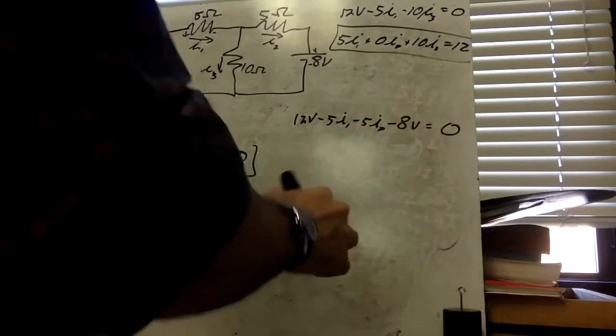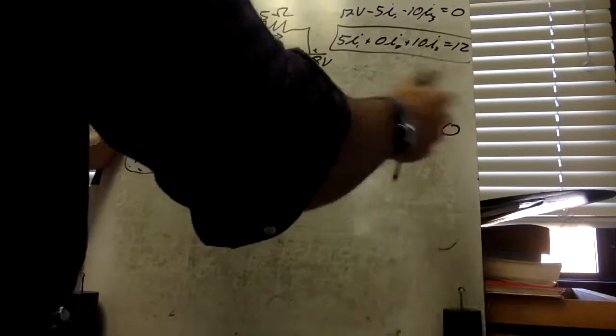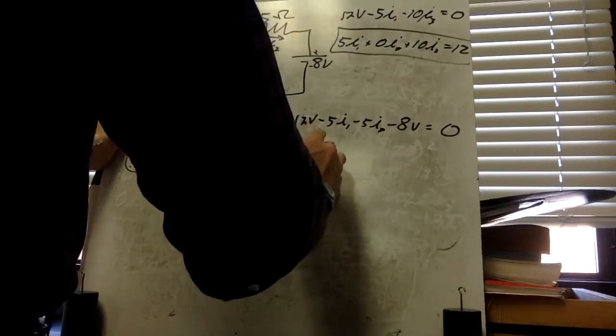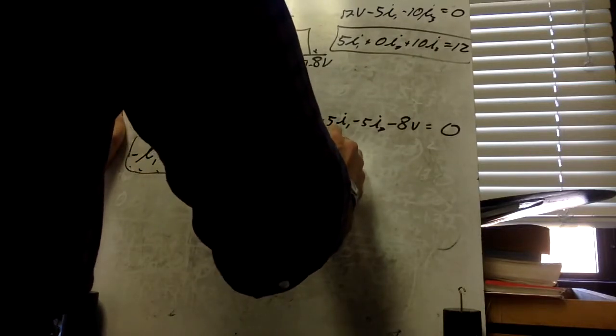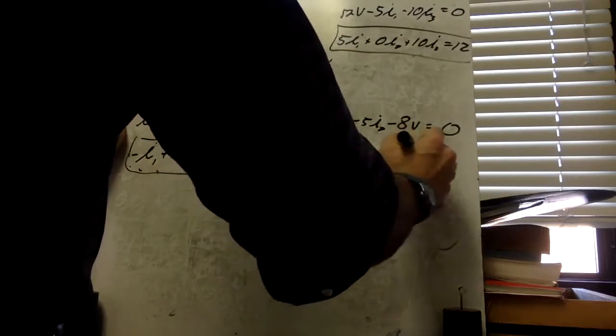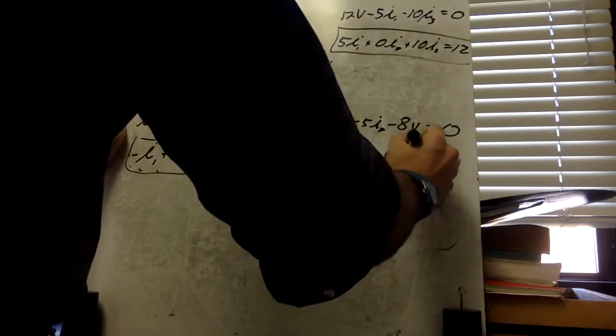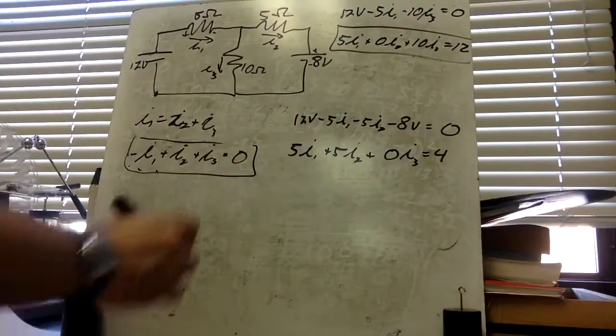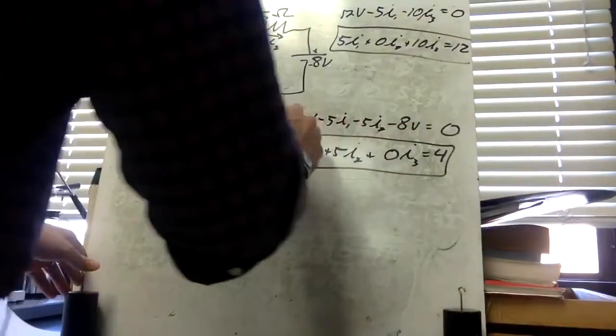So I subtract that 8. This 12 and 8 is negative 4, so I bring that over to that side. So I've got 5I1 plus 5I2 plus 0I3 equals 4.